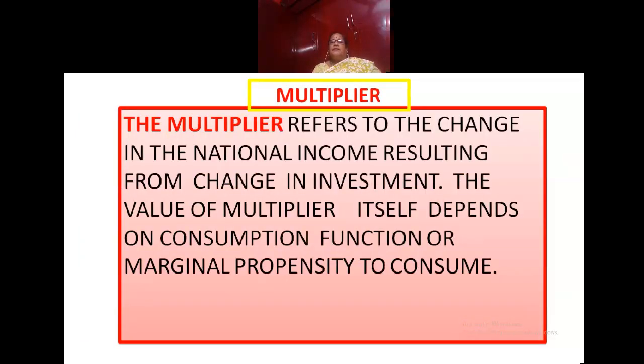The multiplier refers to the change in the national income resulting from change in investment. The value of the multiplier itself depends on the consumption function or marginal propensity to consume, MPC.